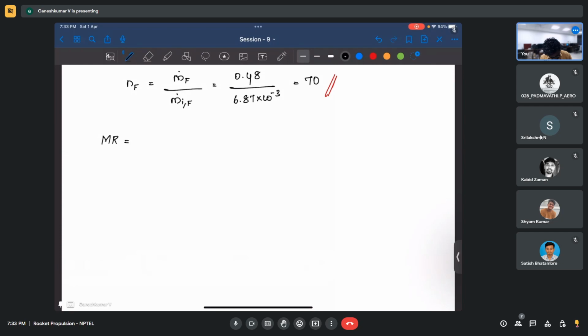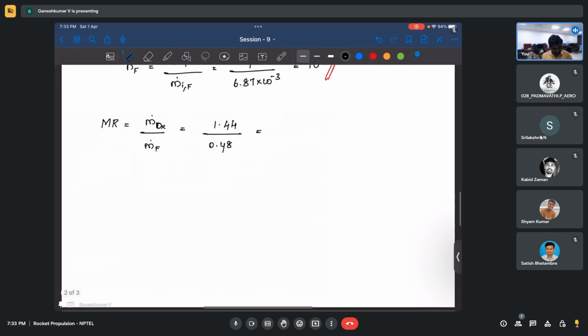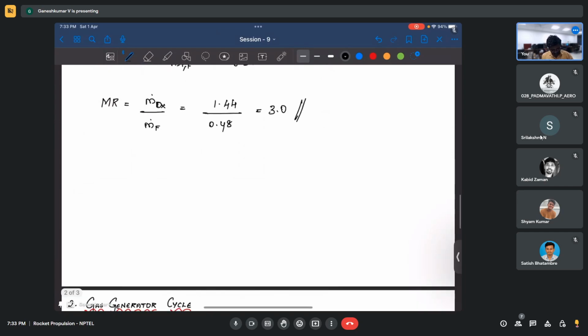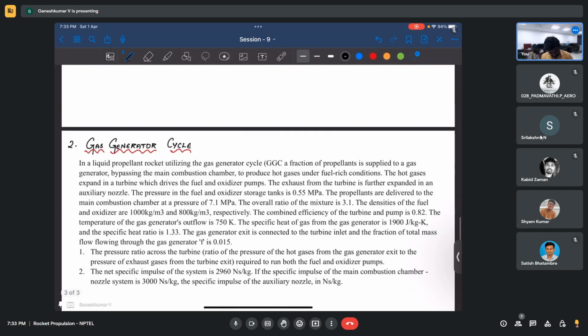It is nothing but the mass flow rate of oxidizer divided by the mass flow rate of fuel, and it is going to be 3. I believe this is 3. You can check.